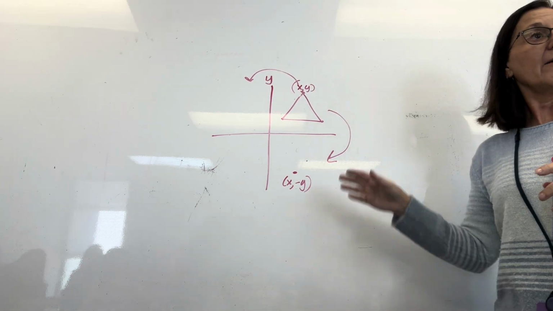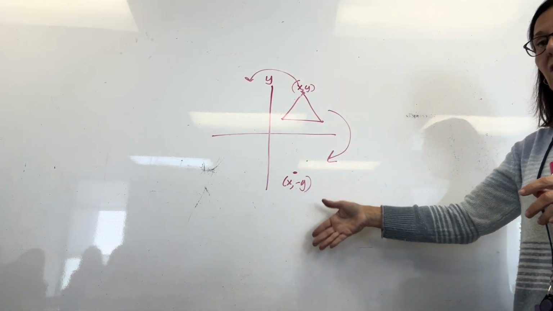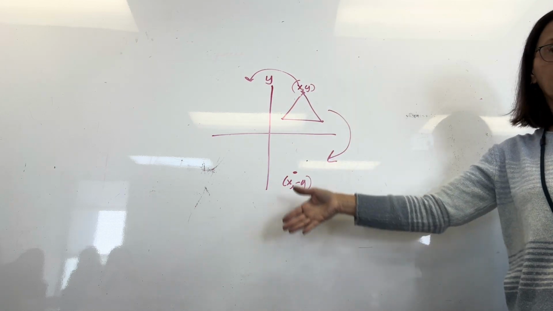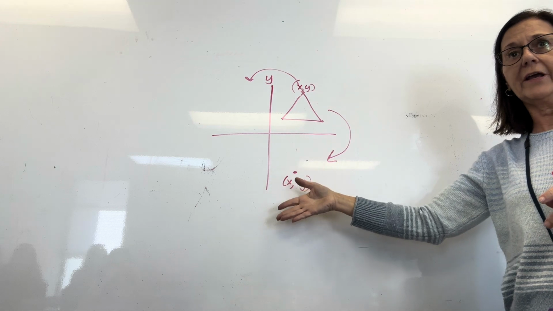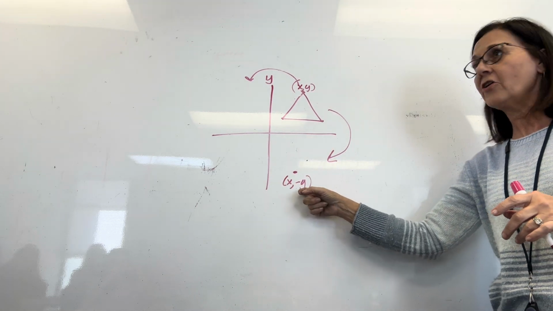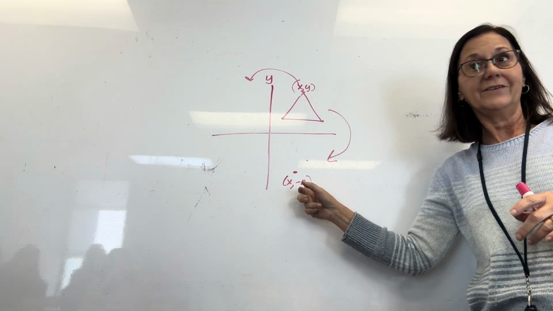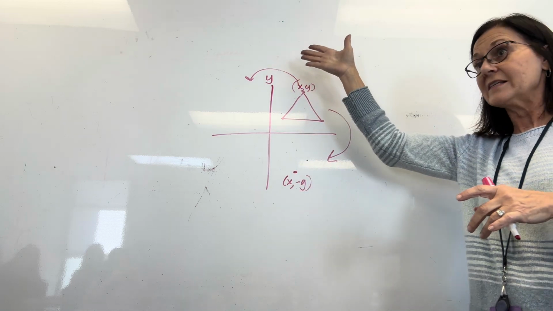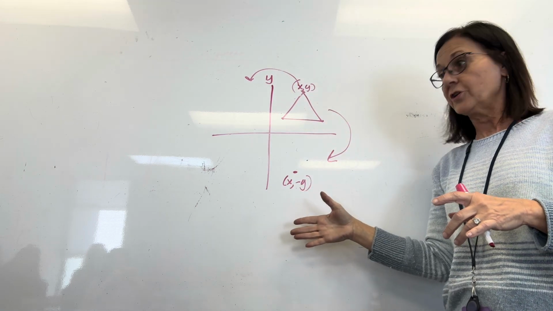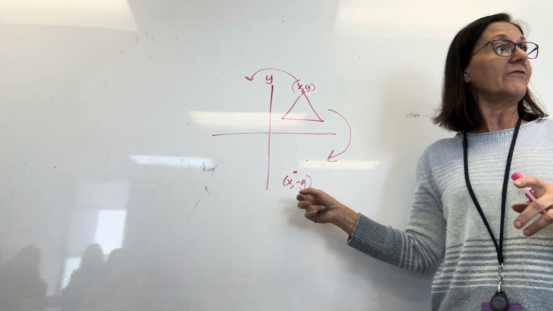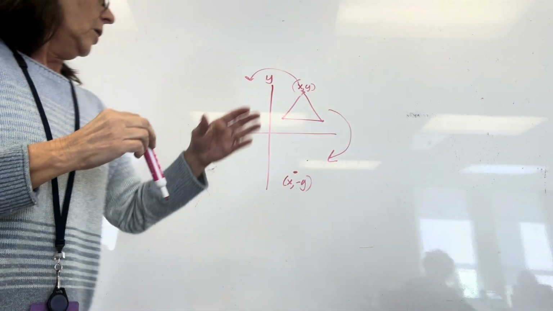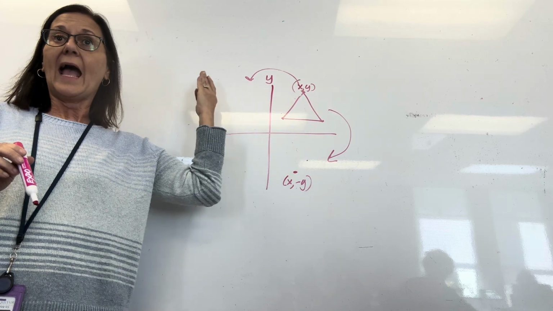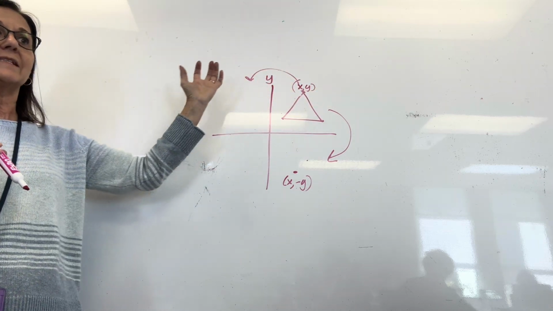Now, this is called a vertical reflection, because I'm reflecting it vertically, and the vertical coordinate changes. So if you can remember, the coordinate that changes is the vertical one, the y. When I reflect it across the y-axis, I'm reflecting it horizontally.